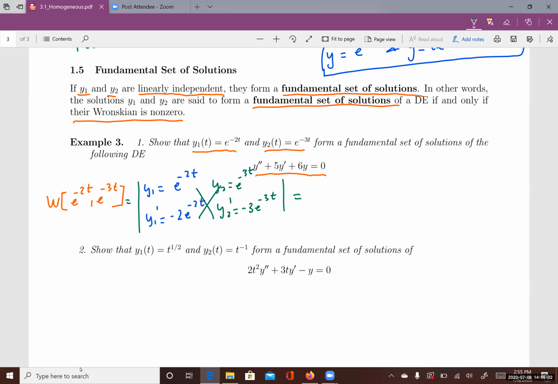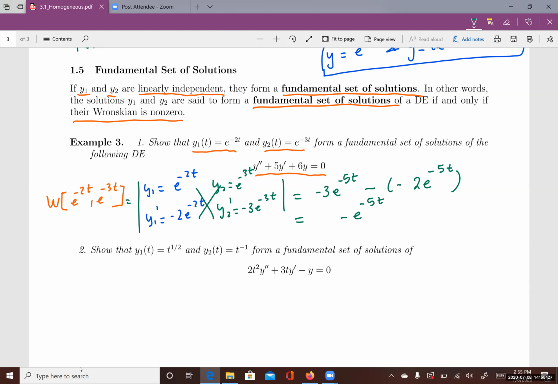So it's going to be negative 3 e to the negative 5t minus negative 2 e to the negative 5t. So that will give you negative 3 plus 2, which is negative e to the negative 5t.